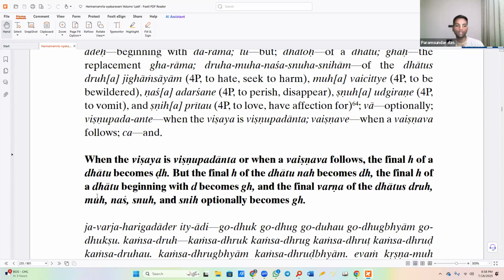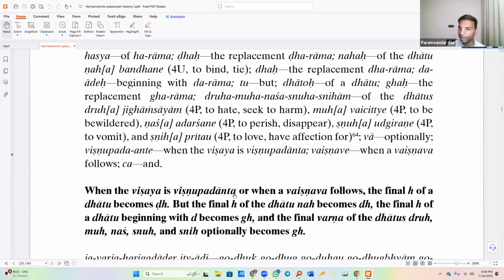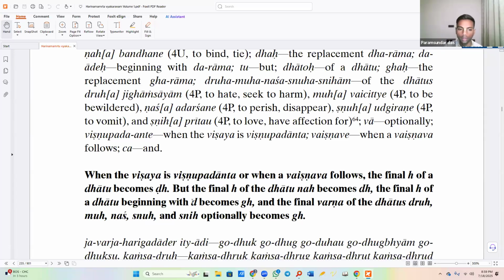The final ha of a dhatu beginning with da becomes gha. For example, go duhu. In go duhu, duhu is the verb, which means to milk, and it begins with da. So in this case, ha will change into gha.